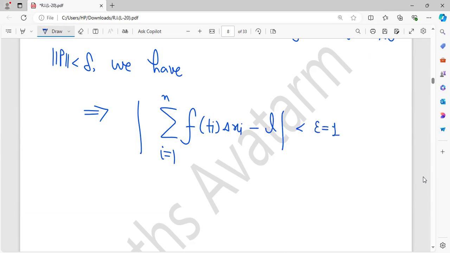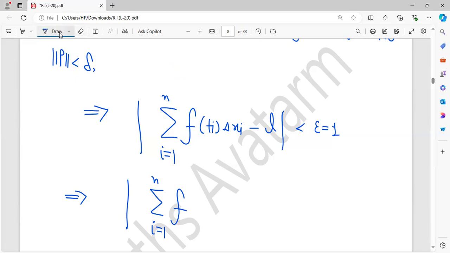Okay. So this implies I will put those which I have selected. So for all ti belongs to [xi-1, xi], we have this one.